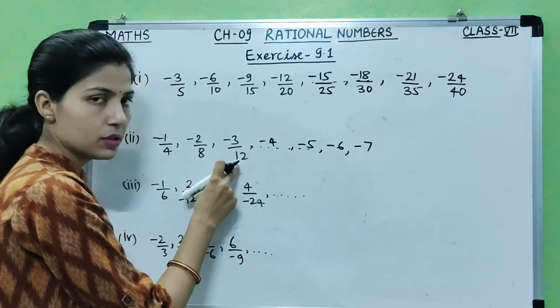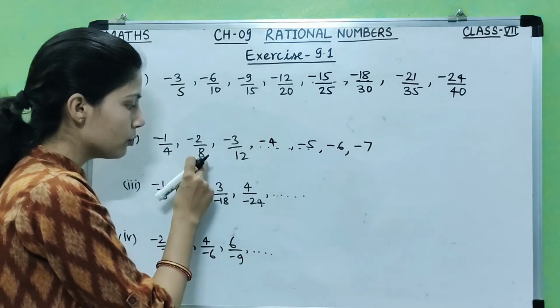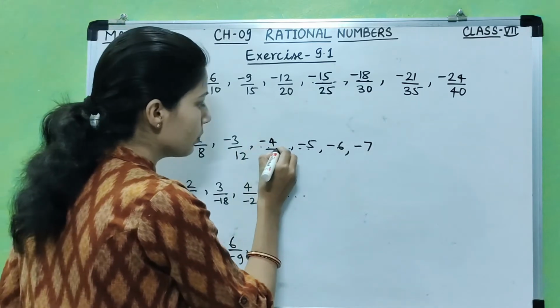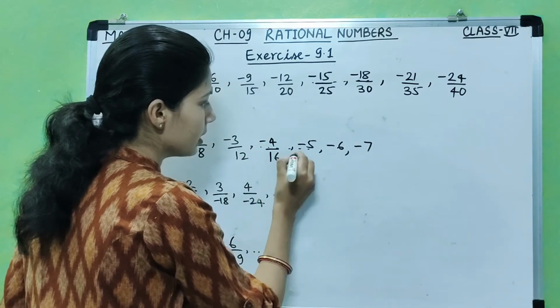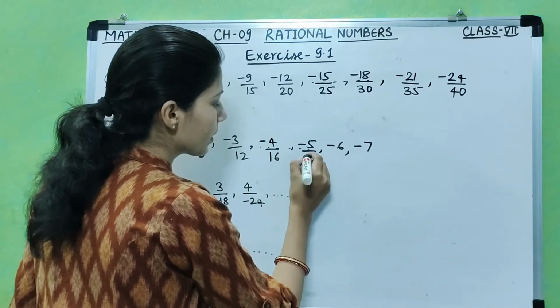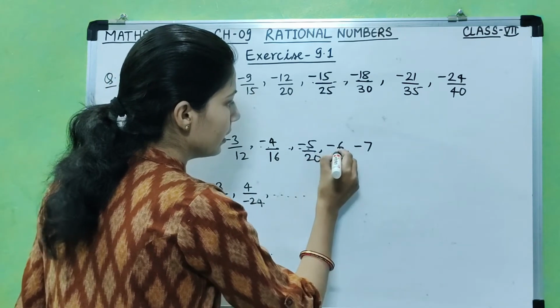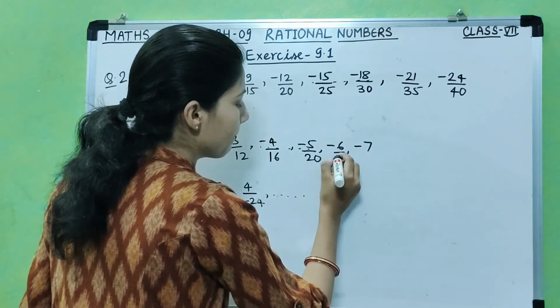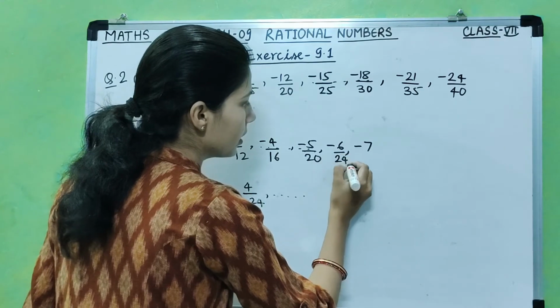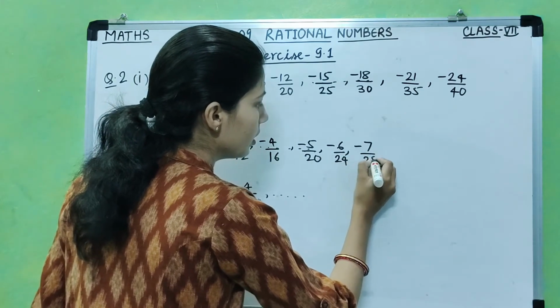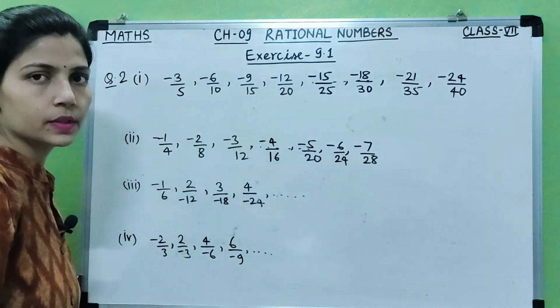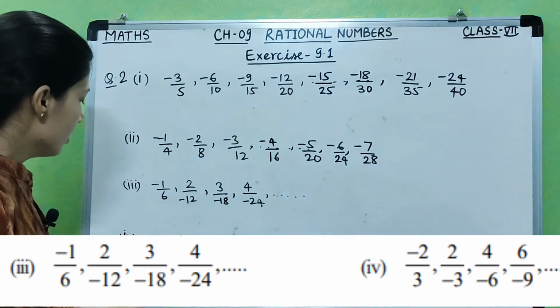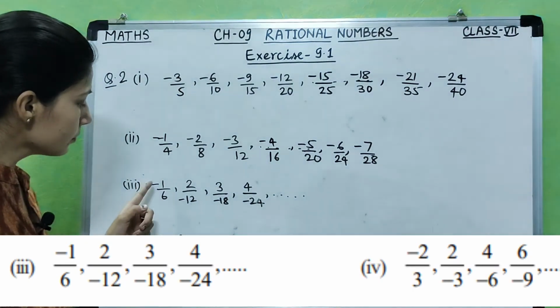So these are the multiples of 4. 4 1s are 4, 4 2s are 8, 4 3s are 12. Next will be 4 4s are 16, then 4 5s are 20, then 4 6s are 24. Next will be 28.